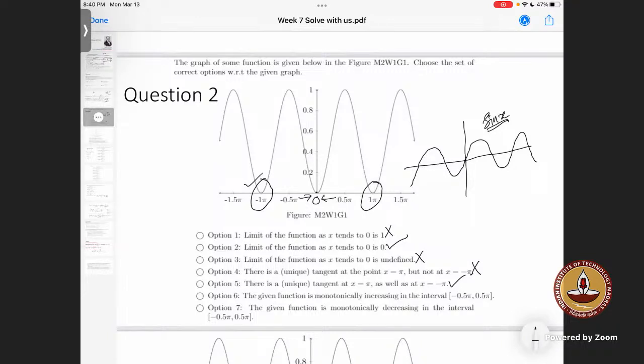But what I'm saying is at x equal to pi there is only one tangent, because there are no sharp turns. And similarly, at x equal to minus pi there is also one tangent because there are no sharp turns. They are not saying that both the tangents are the same, but at one point there is a unique tangent. So that's how this option is correct.